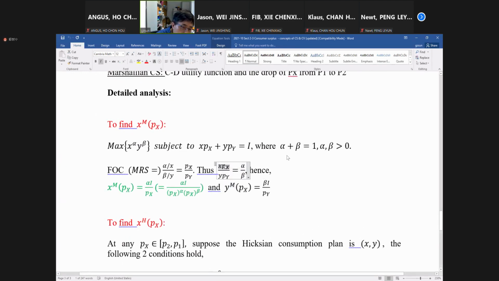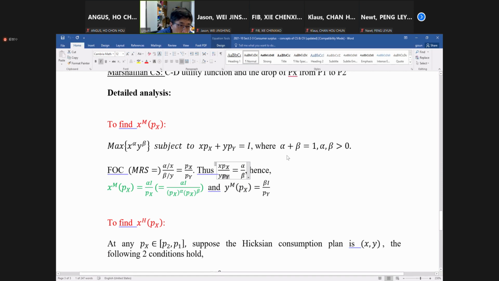The numerator is expenditure on X, and the denominator is expenditure on good Y. So the ratio between them is alpha over beta. For example, if alpha equals 40% and beta equals 60%, then the consumer will always spend 40% of the income on X and 60% of the income on Y.